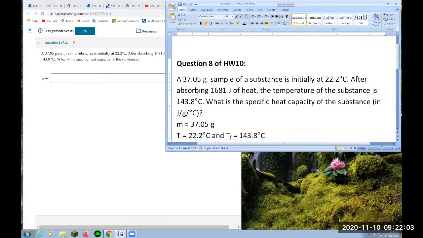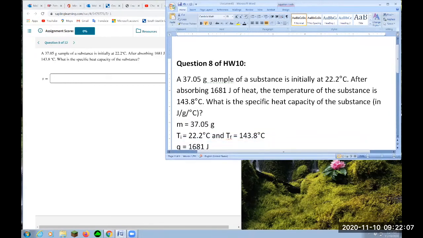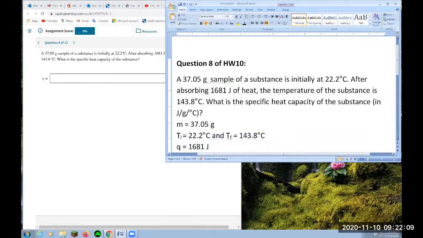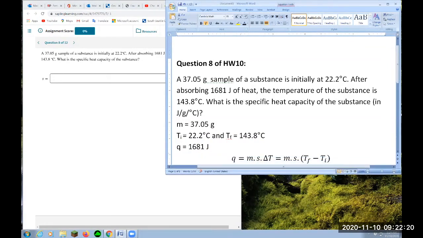So Ti and Tf, so we have the temperature change. And we have Q, which is the heat of 1,681 joules.